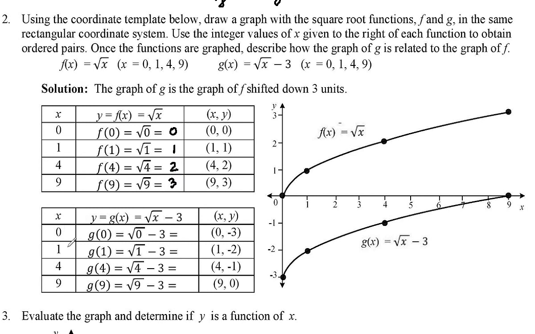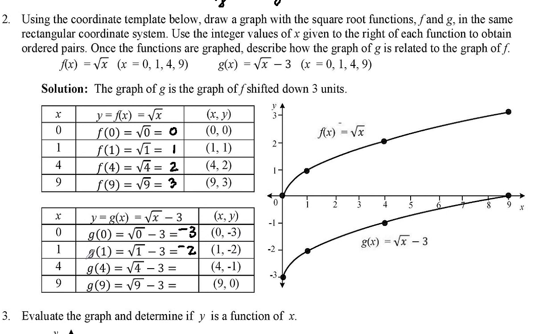So for x is 0, 1, 4, and 9, g of 0 is square root of 0 minus 3. So that's 0 minus 3, negative 3. So x is 0, y is negative 3, 0 comma negative 3. When x is 1, g of 1 is square root of 1 minus 3, which is 1 minus 3, negative 2. And so that gives us x is 1, y is negative 2, 1 comma negative 2.